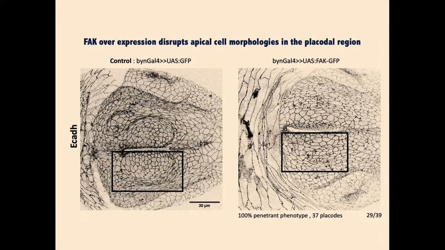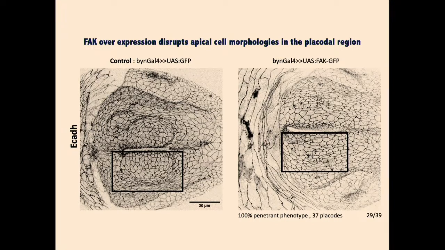One, it's harder, especially on this side, to see any sort of radially organized structure. In fact, cell columns are linearly arranged rather than circumferentially or radially arranged. The other thing you'll see is that the cell shapes are not patterned in the same way as they are in an unperturbed embryo.